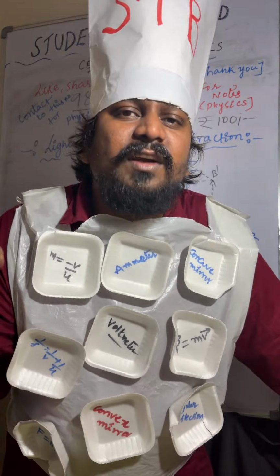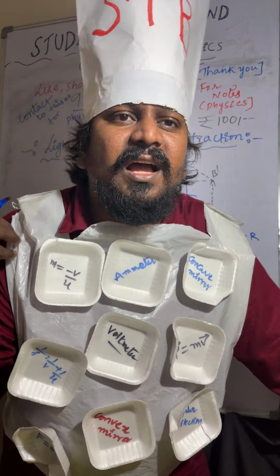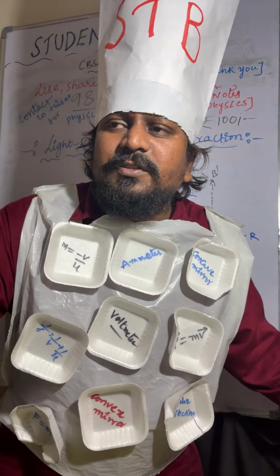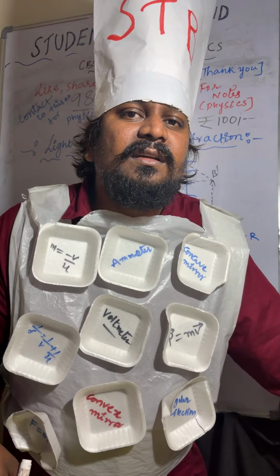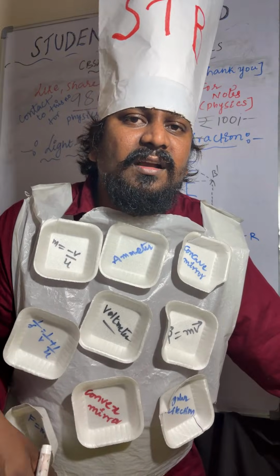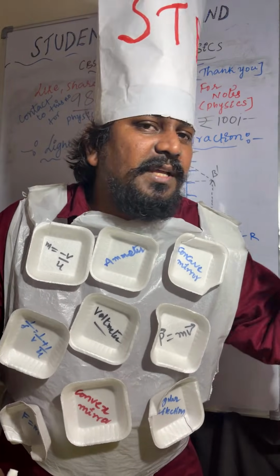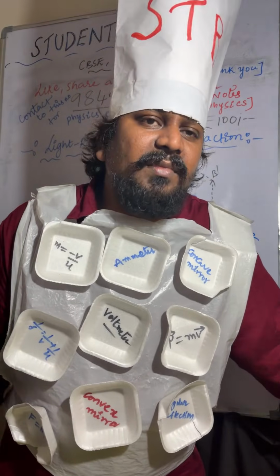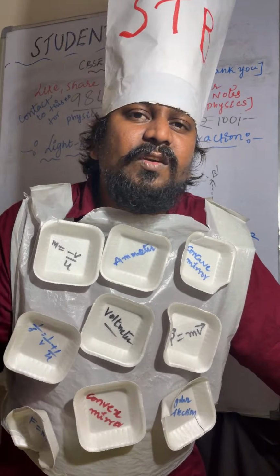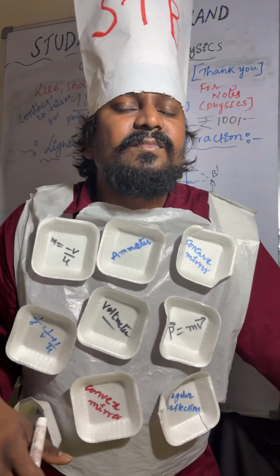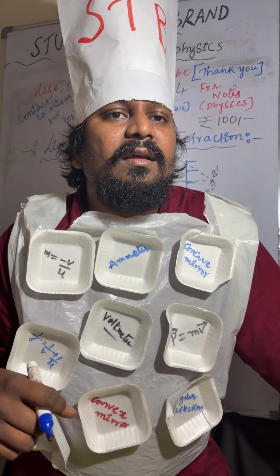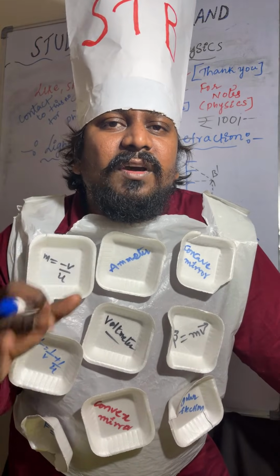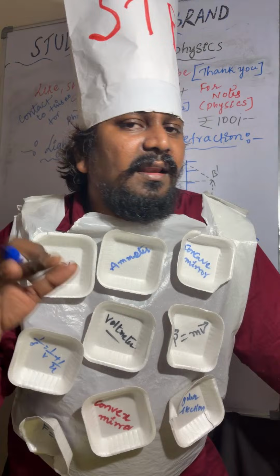The phenomenon in which the right side of the object appears to be the left side of the image, and the left side of the object appears to be the right side of the image. This mirror image is called lateral inversion.